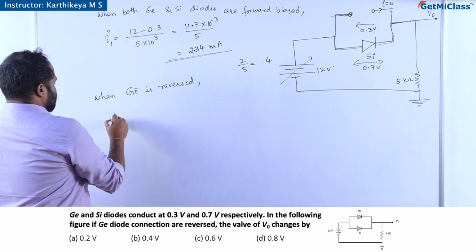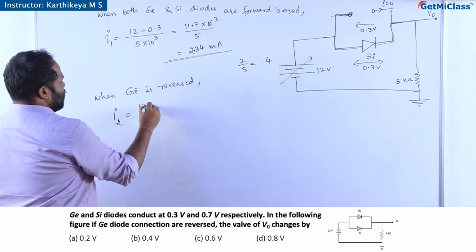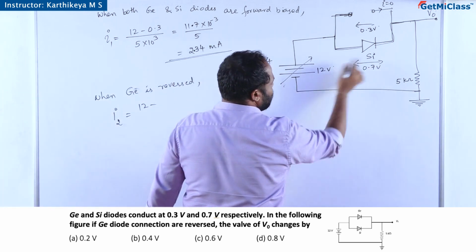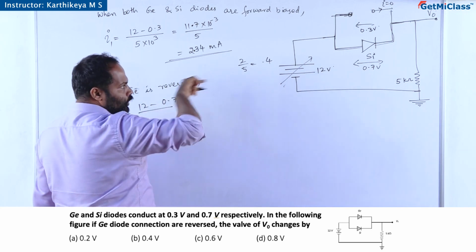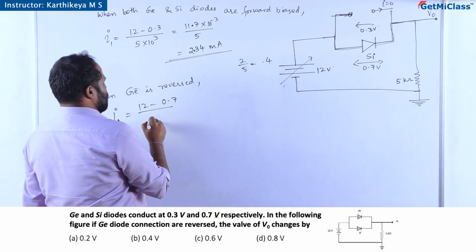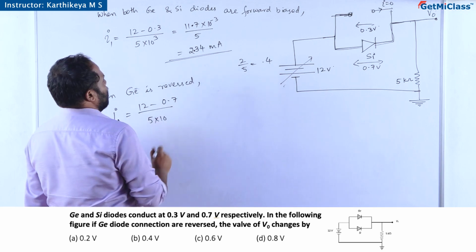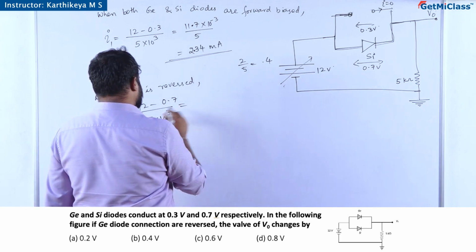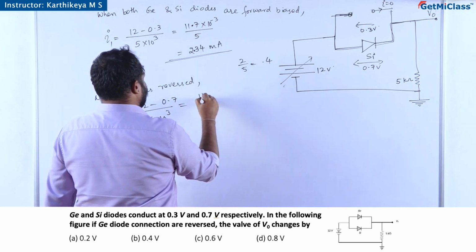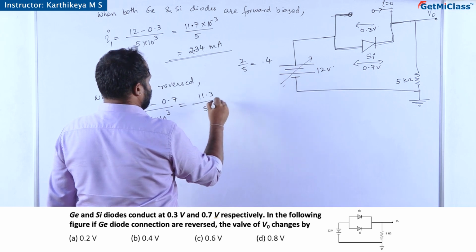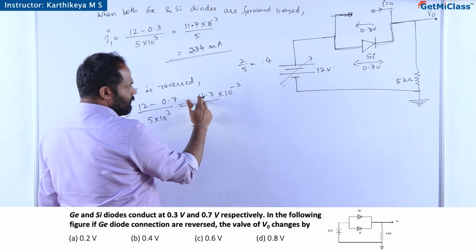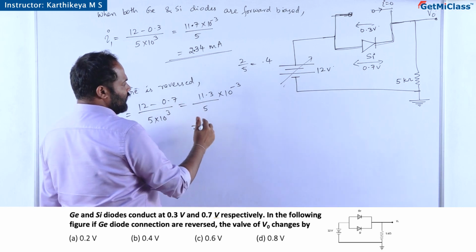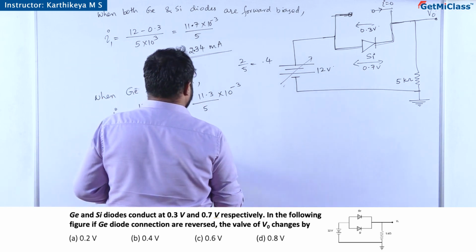So, I2 will be then 12 minus, what is the voltage drop when it reaches 0.7? It goes through the silicon diode, 5 into 10 to the power 3. So, that is 12 minus 0.7 is 11.3 divided by 5 into 10 to the power minus 3. So, you double this number, this will be 22.6.